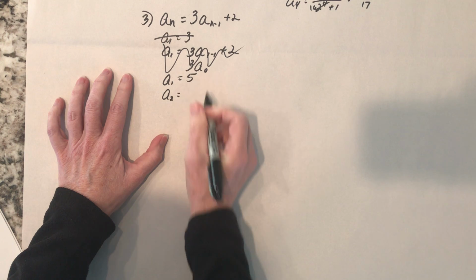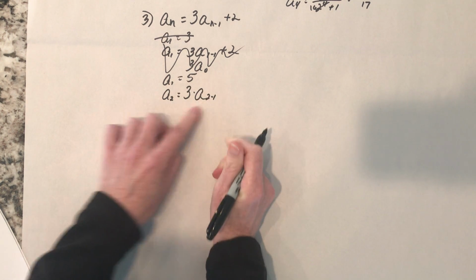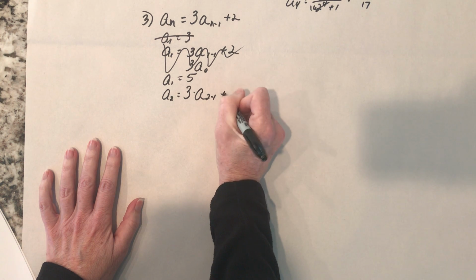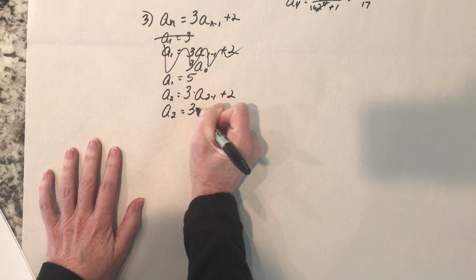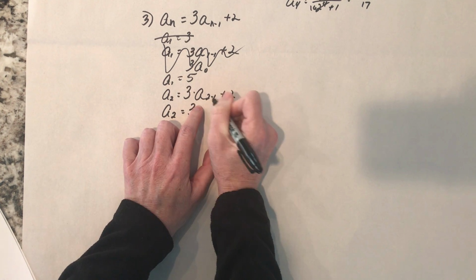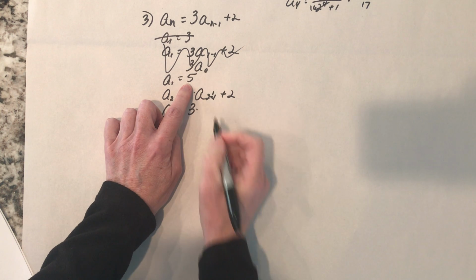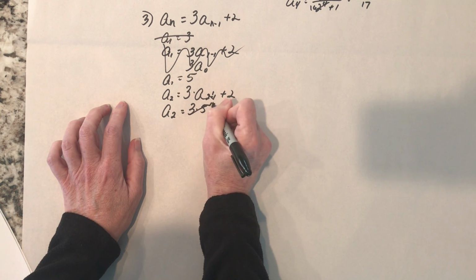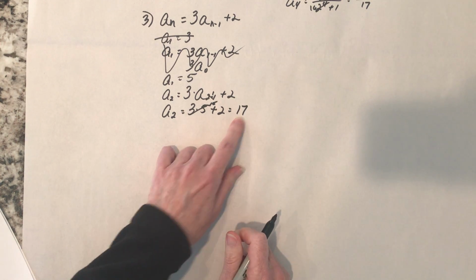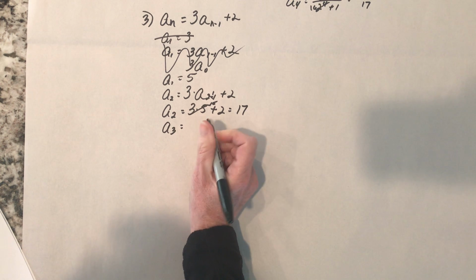Let's look at the second term. 3 times a sub 2 minus 1 plus 2. So a sub 2 is going to be 3 times what the first term was, a sub 1, and we were given that. So 3 times 5 plus 2, that's 15 plus 2. So the second term is 17. The third term will build off of the previous one.